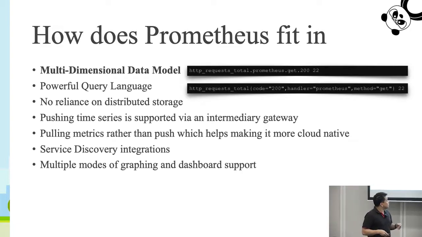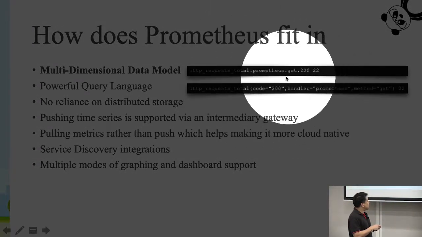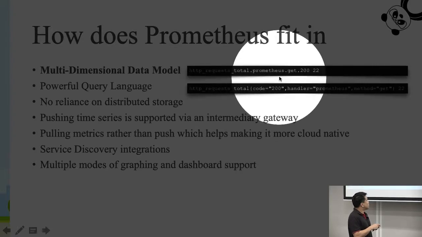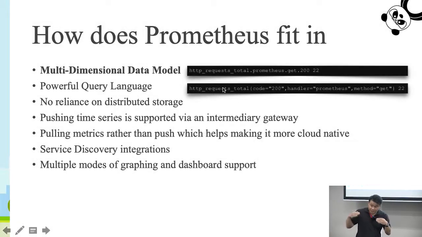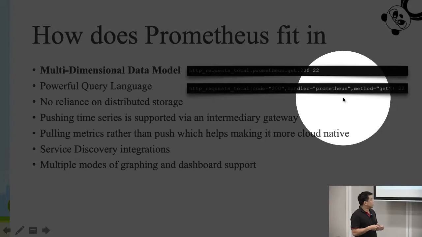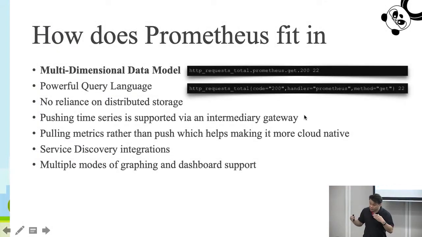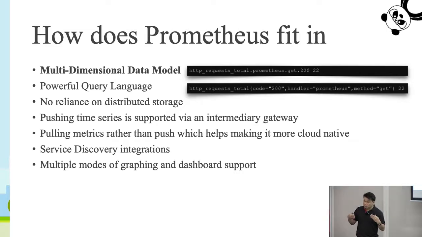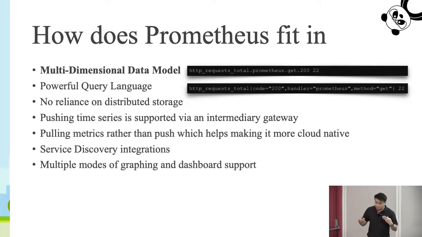It's called a data model, and they call it multi-dimensional. What do I mean by that? That means you can inject something called labels into the model. That means I can do filtering. I could group the results based on certain filters that I want to see. Okay.